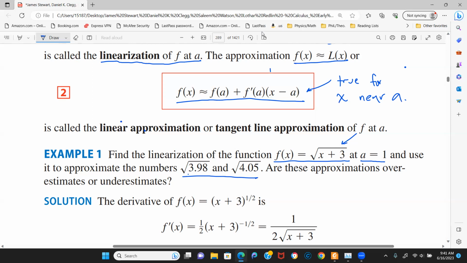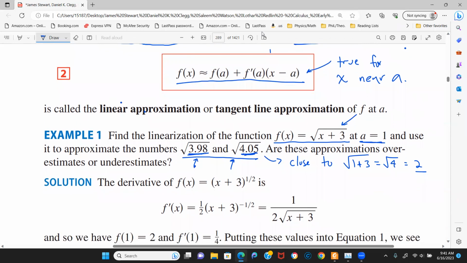These numbers are close to square root of 1 plus 3, which is square root of 4, which is 2. So if we can get a linear approximation at a equals 1, that line will be able to approximate these numbers here, and we can get a good idea of how close our approximation is.